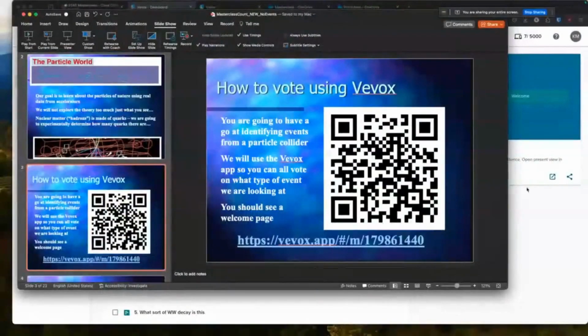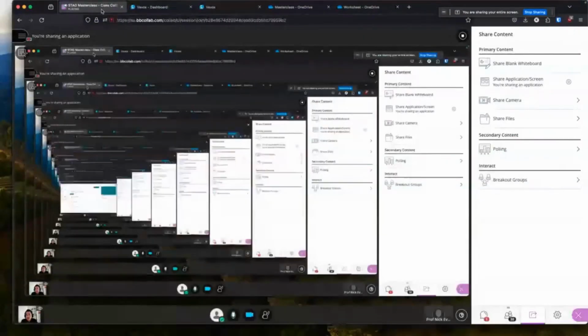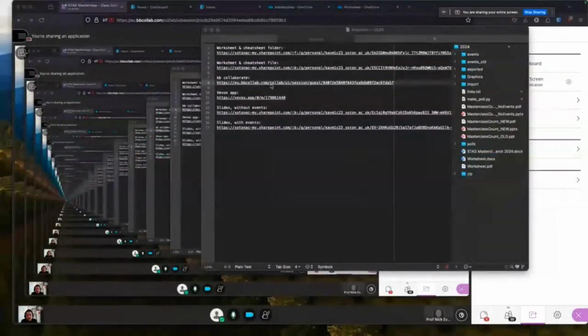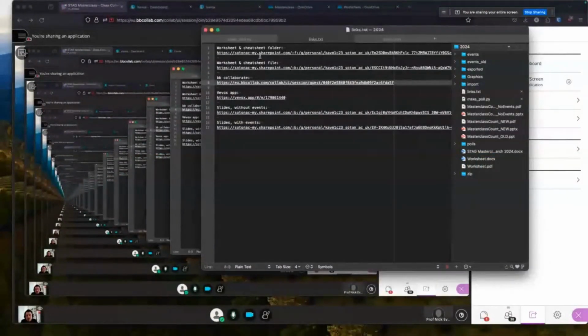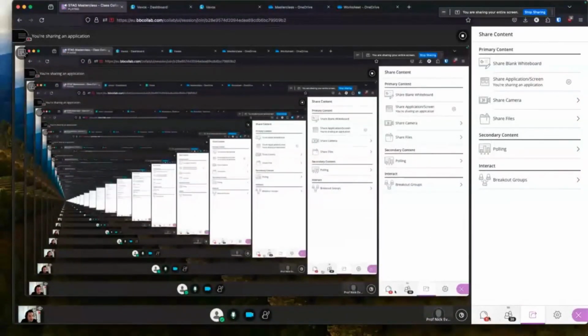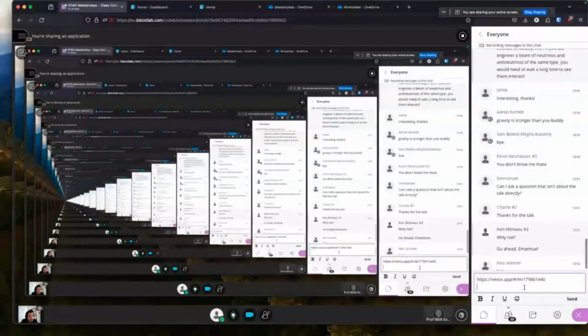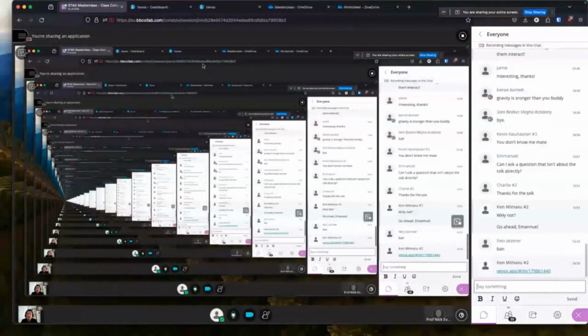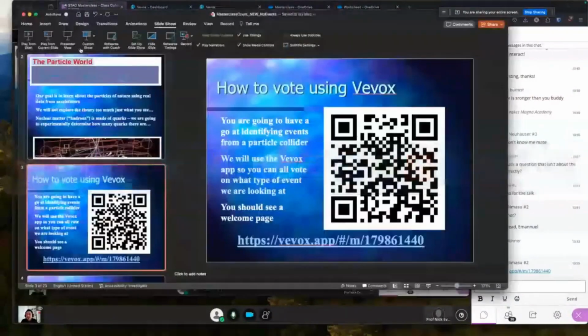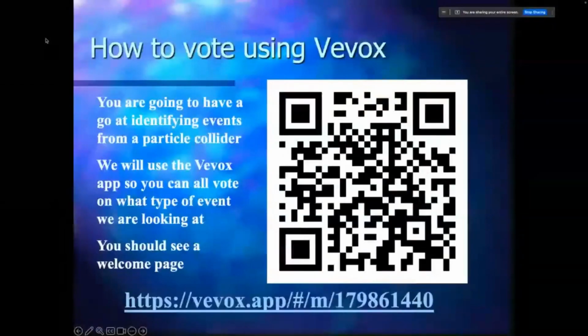I realized I planned to put it in the chat, so let me do that as well. Sorry for the infinite tunnel of images while I copy the link to the Vivox app in the chat. Here we go. Okay, so that link is now in the chat as well, in case you want to use your computer to respond to the polls.